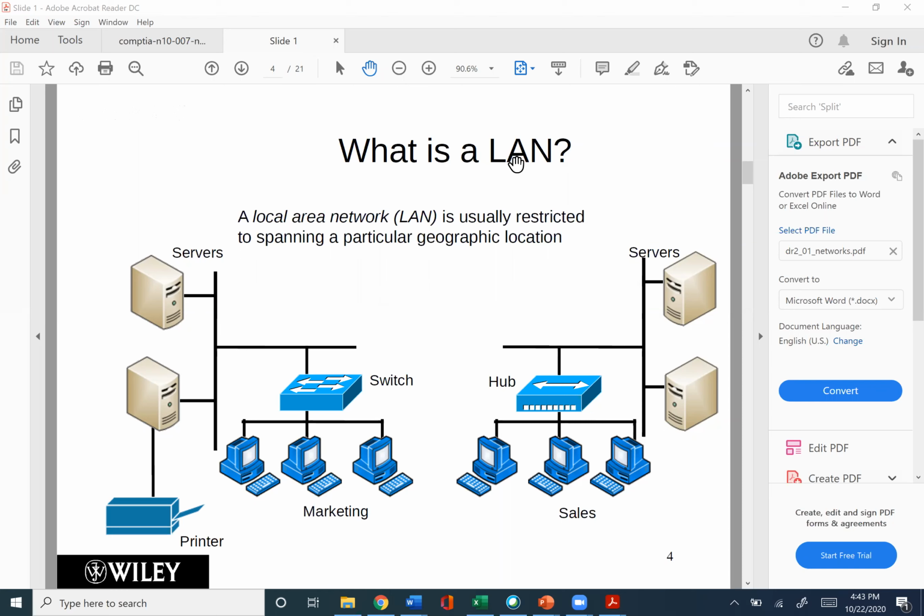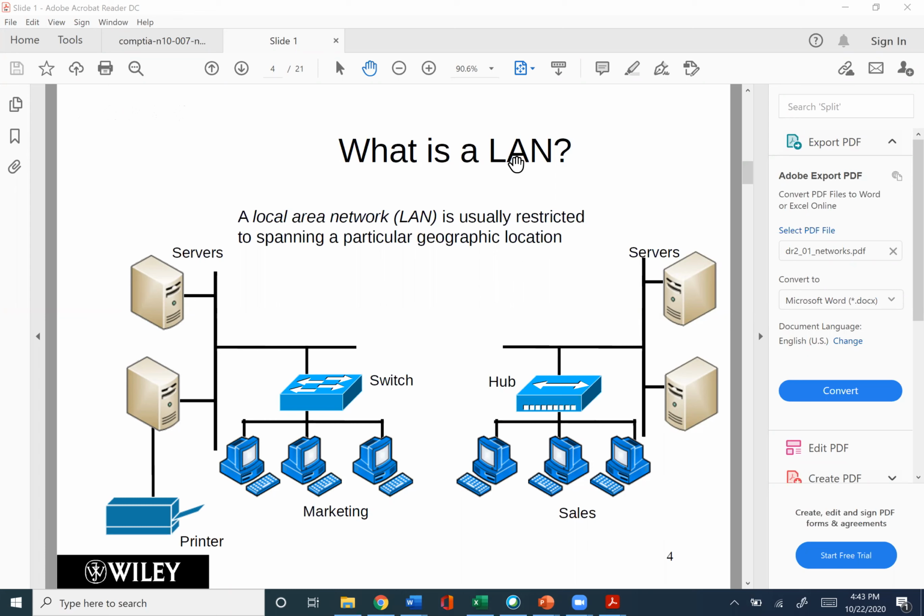All right, so a local area network is basically just your home. For the purpose of this certification, you should be able to define a local area network. The way I would say to do it is to utilize the router. A router is how we can define that local area network.